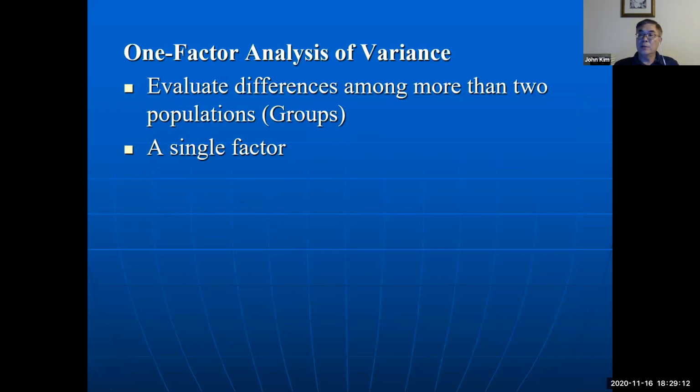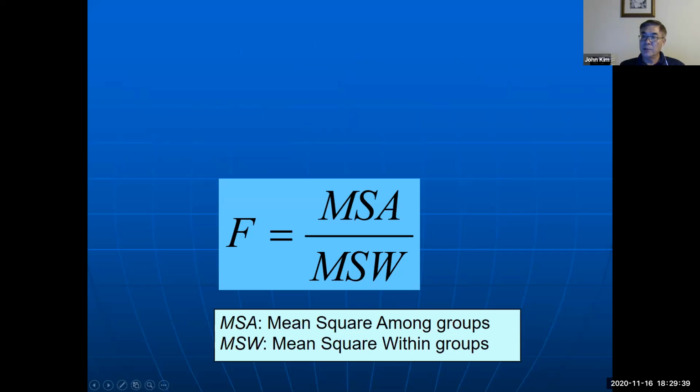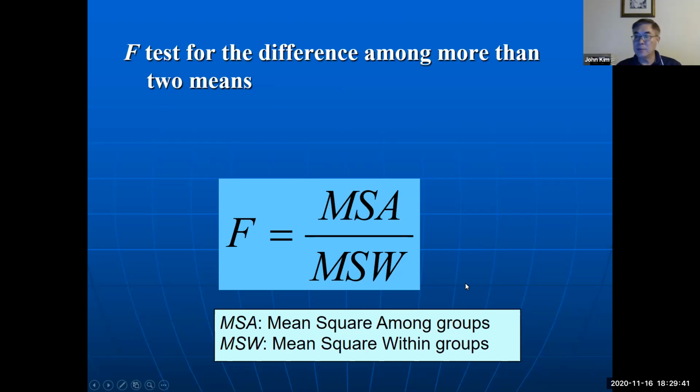One-factor analysis of variance. There is also two-factor analysis of variance, but we use only one factor: one variable, but multiple groups of samples. As with any hypothesis test, we need two values, the test statistic and the critical value.